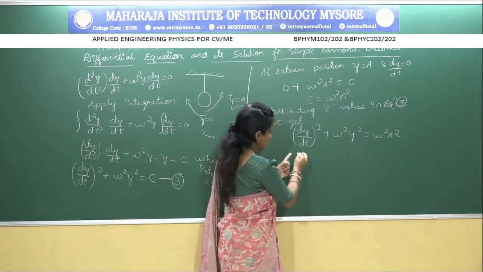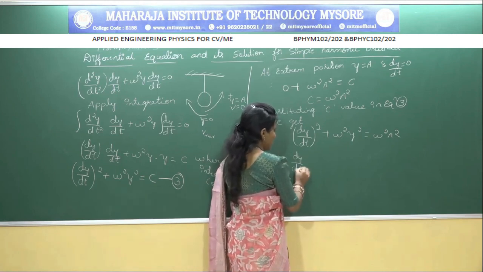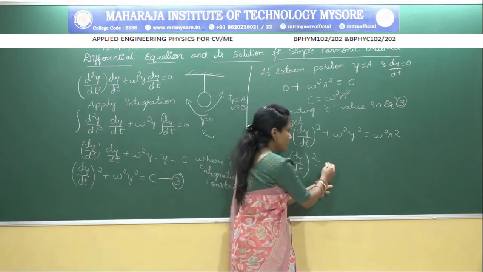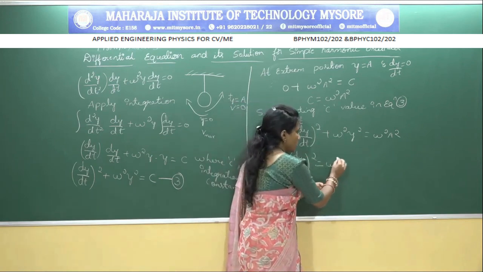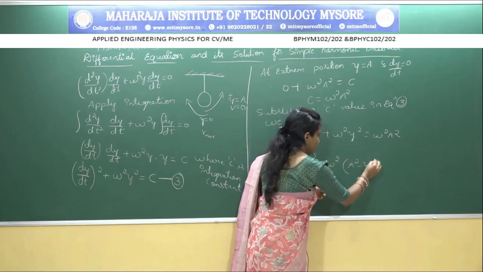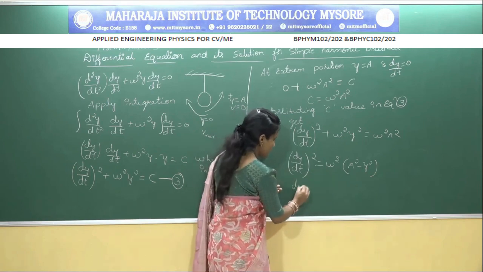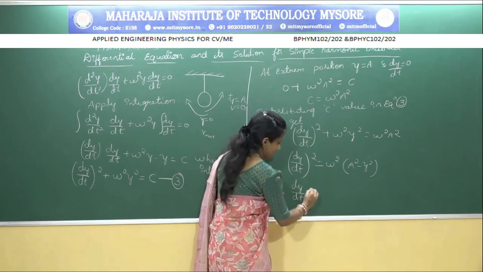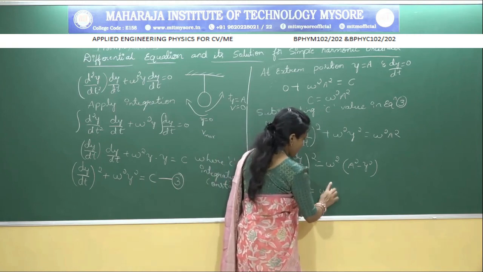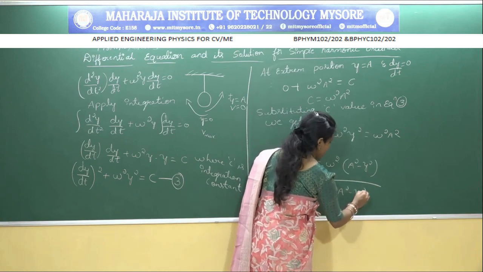Simplify this equation: take this term to the right side, then we get omega square of (a² minus y²). Apply the square root, then we get the velocity, dy/dt is equal to omega root of (a² minus y²).